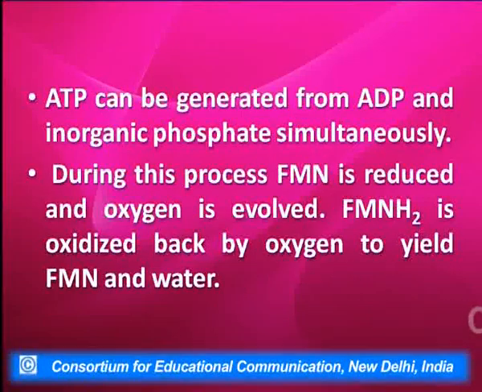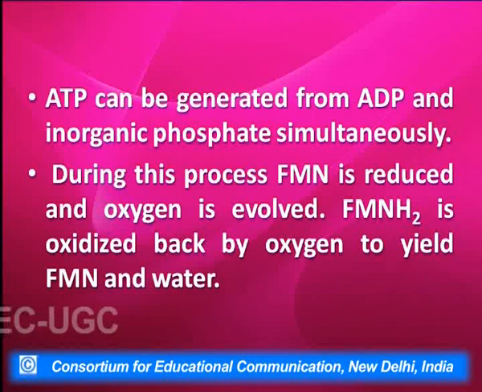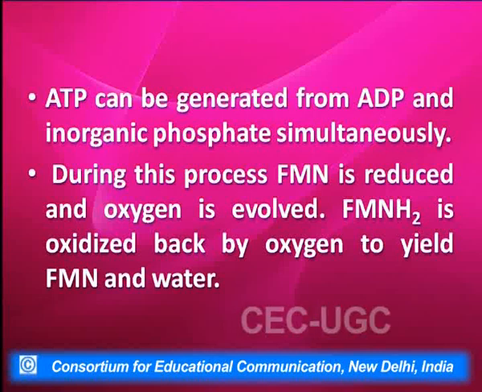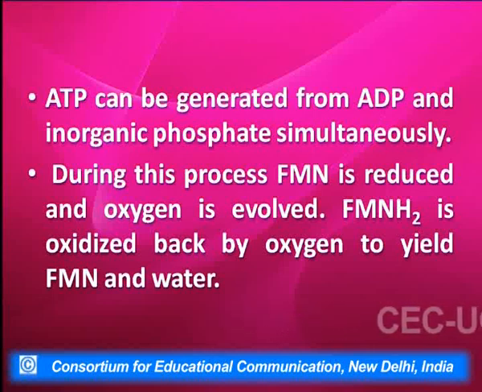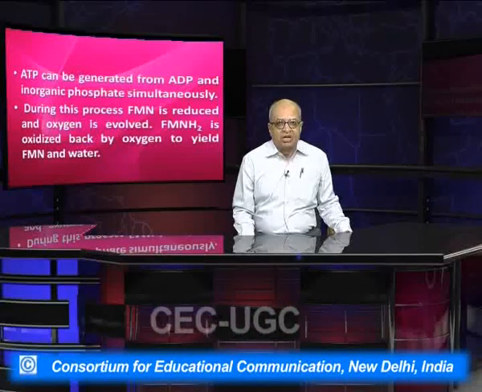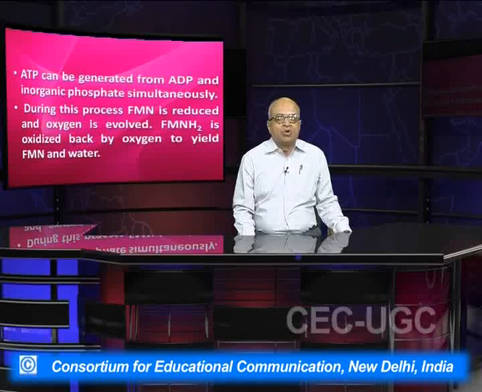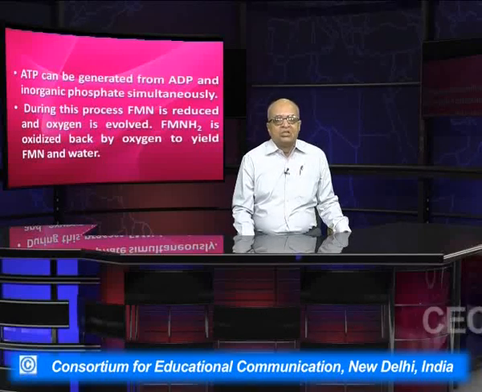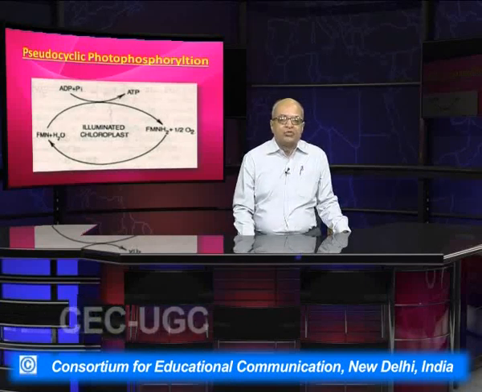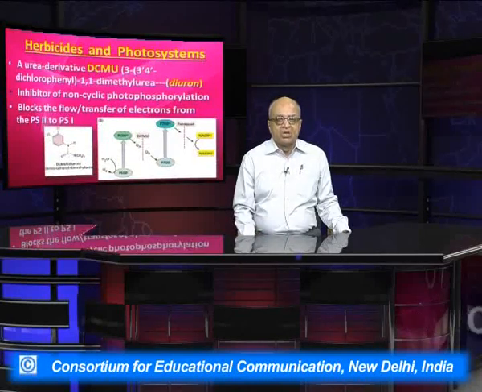Now, the question is, how would the ATP be generated in this case? ATP would be generated from ADP simultaneously, and during the process the auto-oxidizable FMN can be reduced by itself, and it will be oxidized back by oxygen to release FMN and water. Pseudocyclic photophosphorylation occurs in certain specialized bacteria.